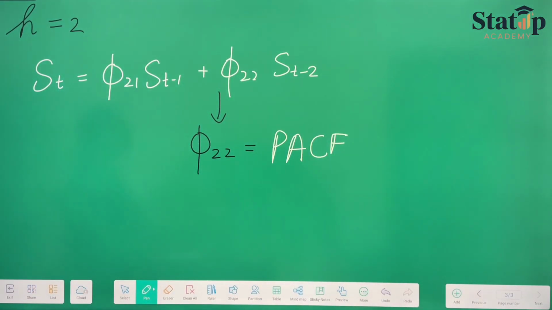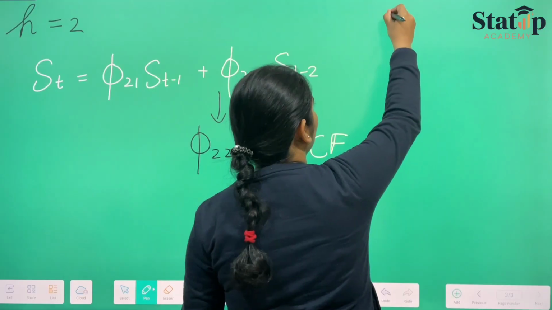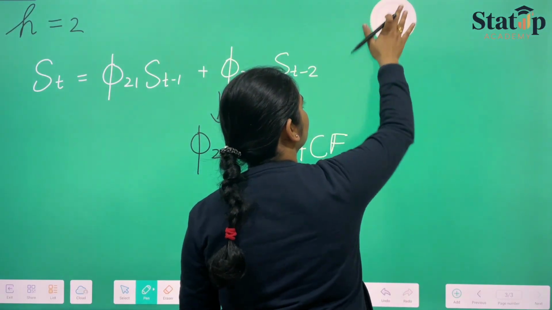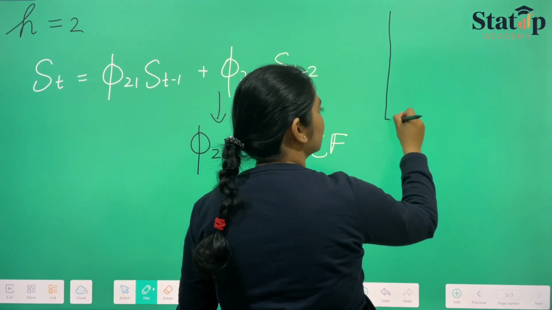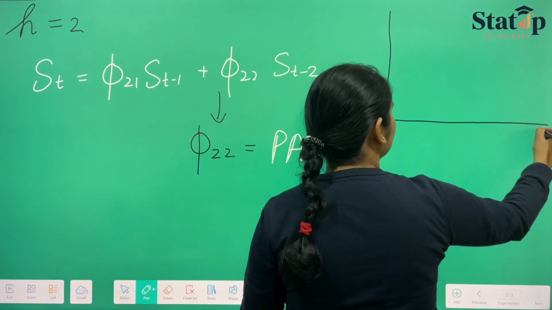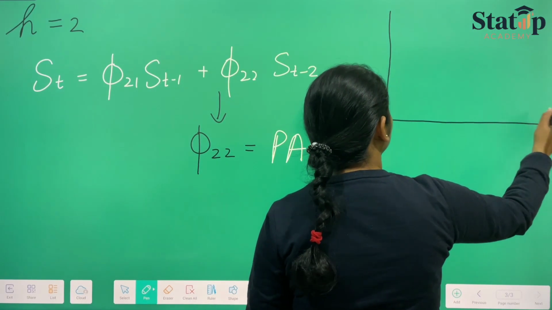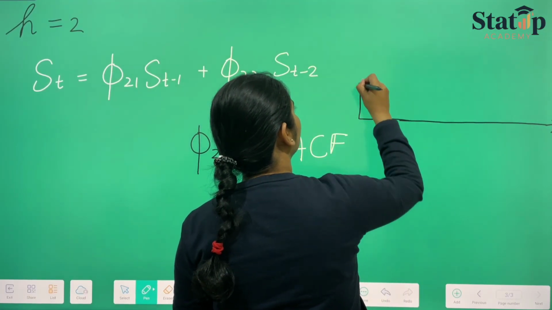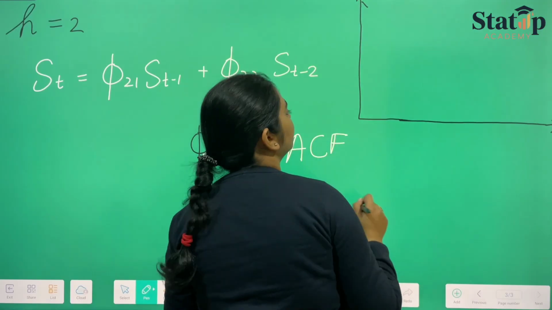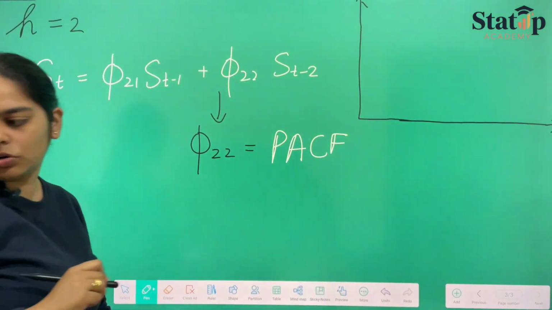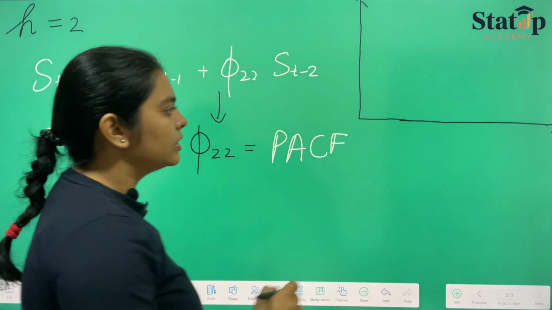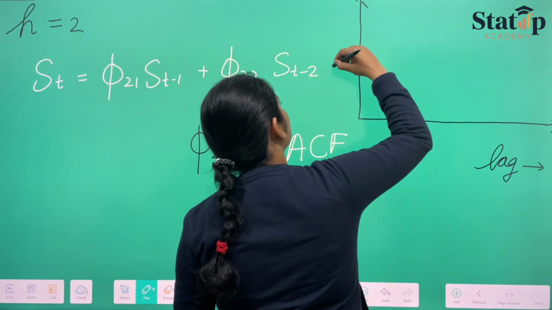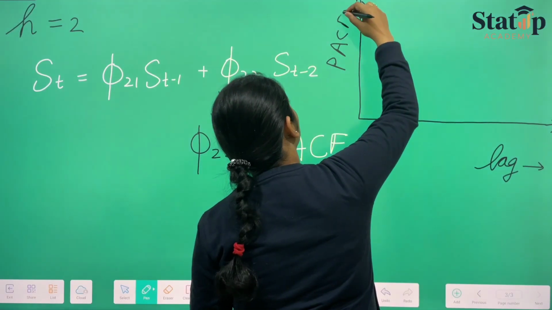Okay. Now, suppose we have taken a graph. This is our graph of partial autocovariance function. So these are the lag values on the x-axis, and this is partial autocovariance function.